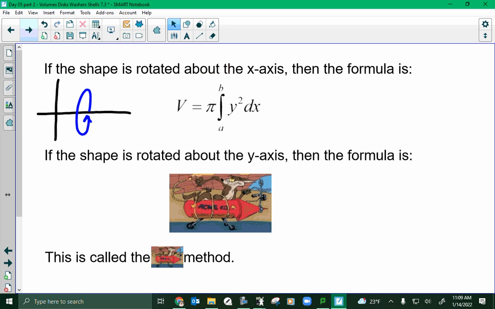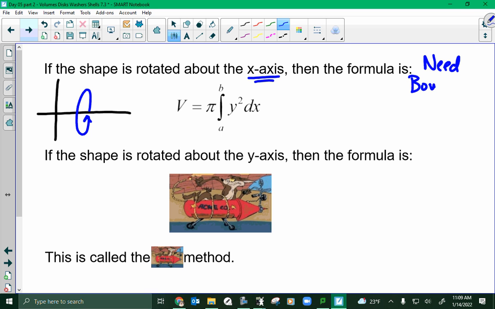So my volume is going to be pi times the integration from a to b of y squared dx. Now let me say something here. If it is rotated around the x-axis, that means your bounds should be x values.